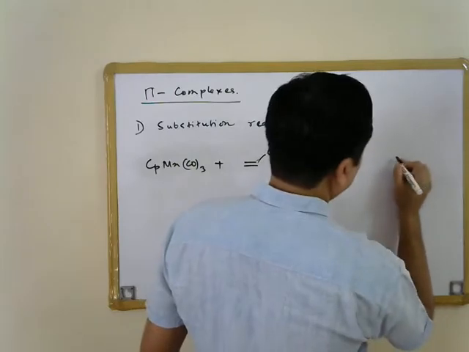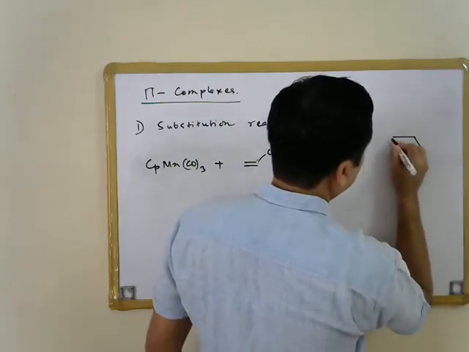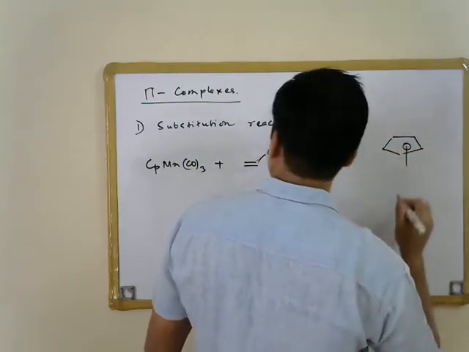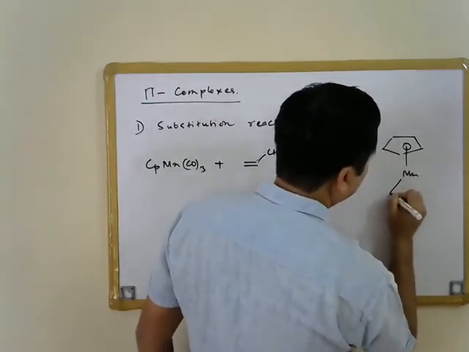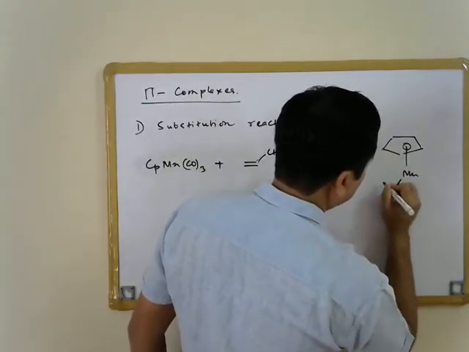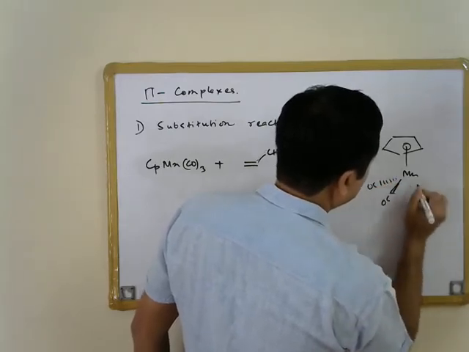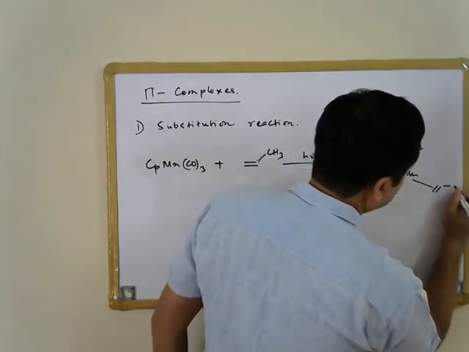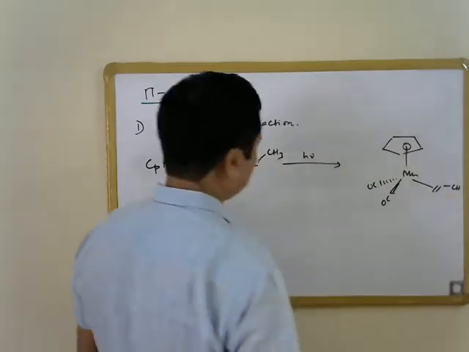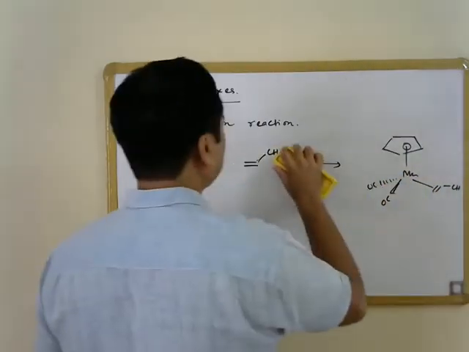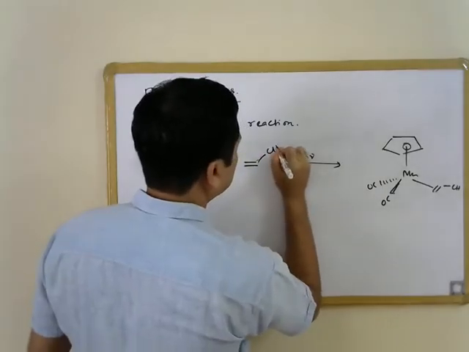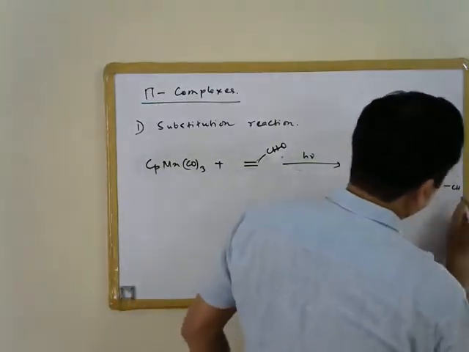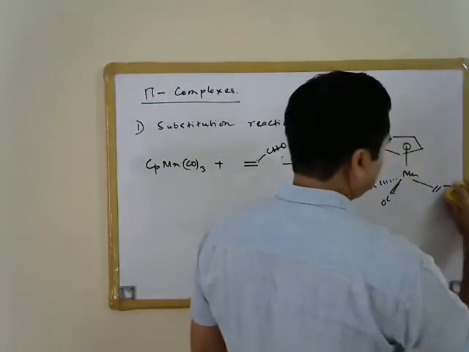Then one can replace some of the carbonyl ligands, one carbonyl ligand to be specific, by this olefin ligand. So this is not CH3, this is CHO. This is also going to be CHO then.